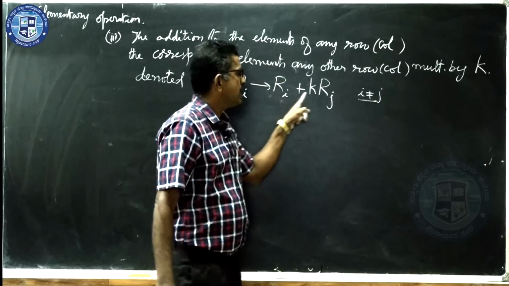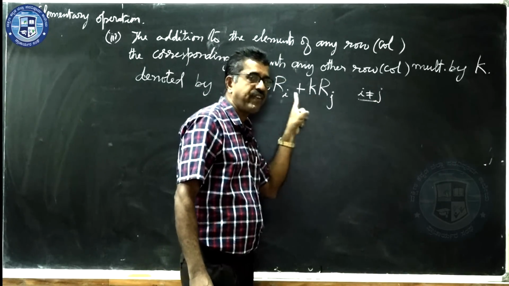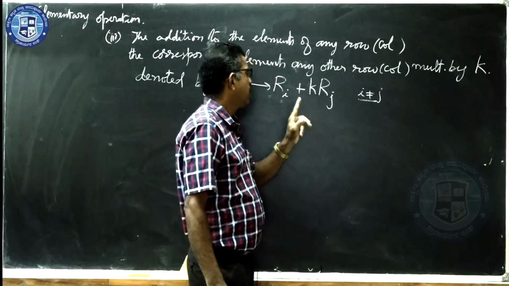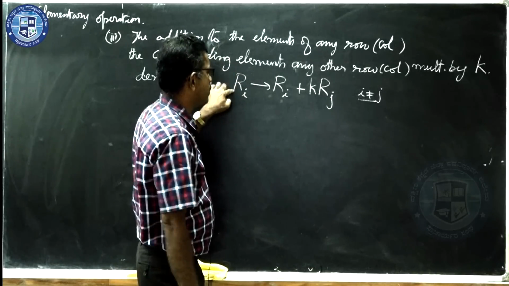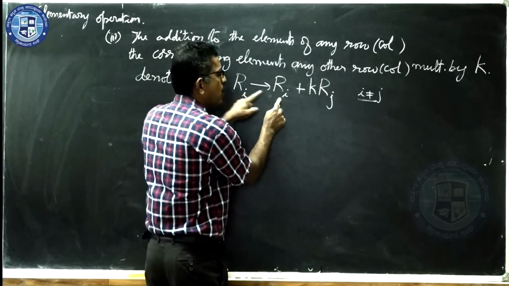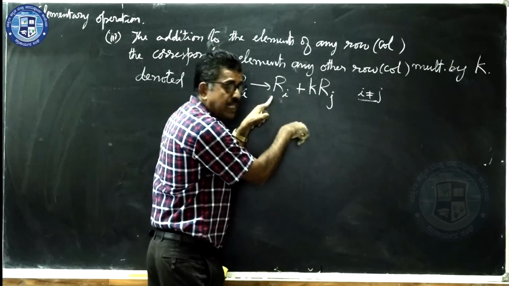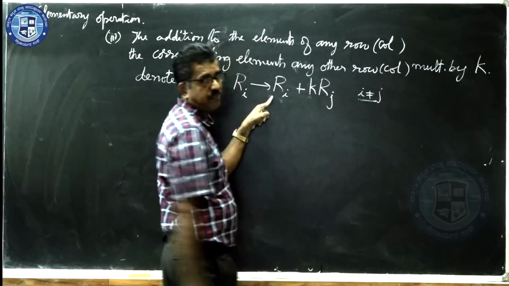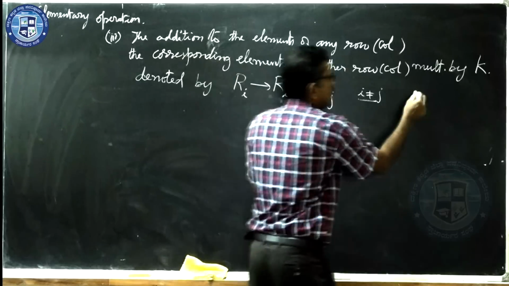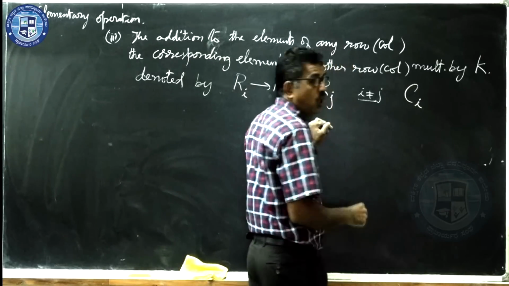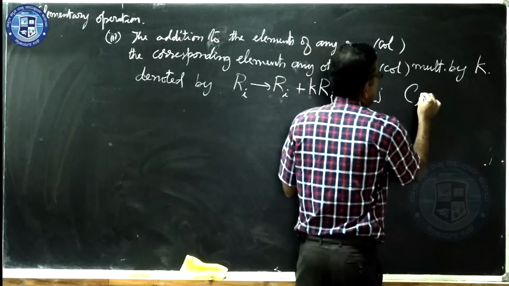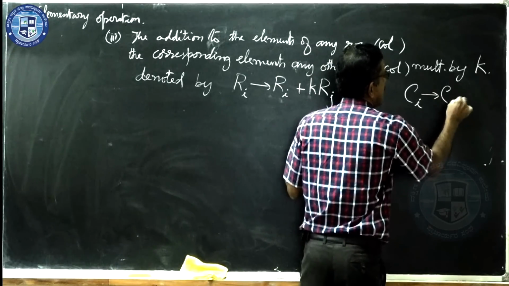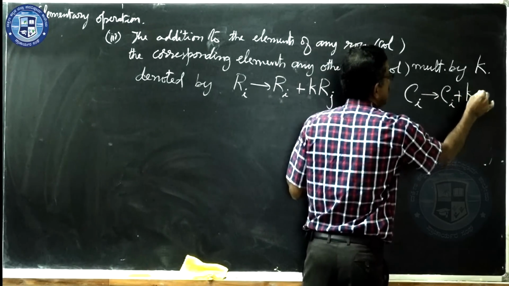That ith row and which other row is taken, they must be different. They should not be same. This notation represents each element of ith row is added with k multiples of corresponding elements of jth row. Or we have another notation like Ci for columns: Ci arrow Ci plus k multiple of Cj.